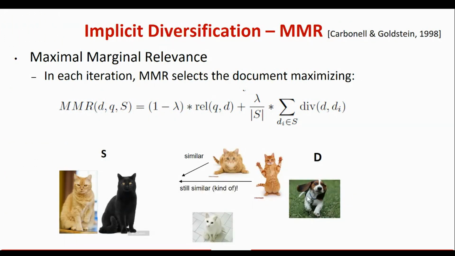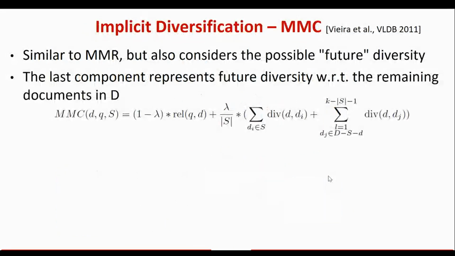Same for that one. This dog will obviously get a high diversity score, but unfortunately it is not a cat and will have a low relevance score. Finally, this last cat is both a cat, so relevant, and furthermore, it is different than the already selected ones, so it should be the one selected for the third place.